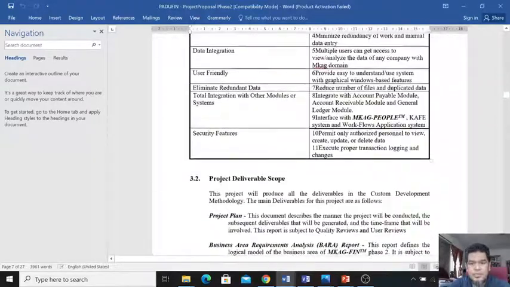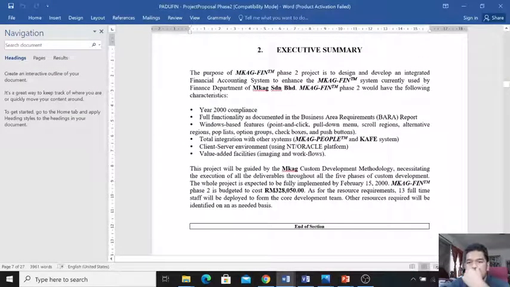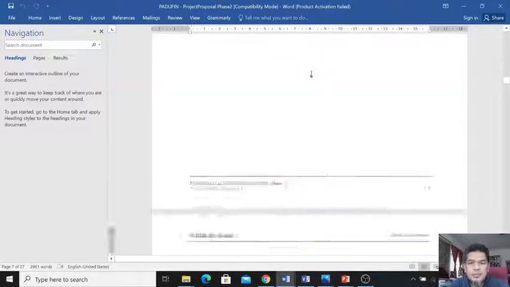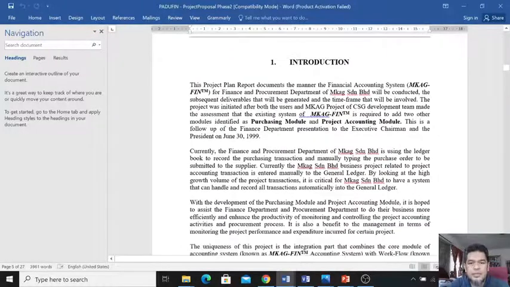We will discuss later. Today I just want to explain how to write the executive summary, and I gave you an example. I also discussed how to write the project background, which is included in the introduction. The project background is not necessarily a title, but normally under the introduction you put all the background inside the paragraph.